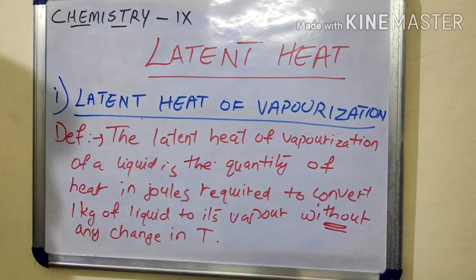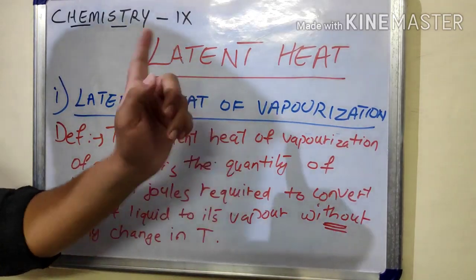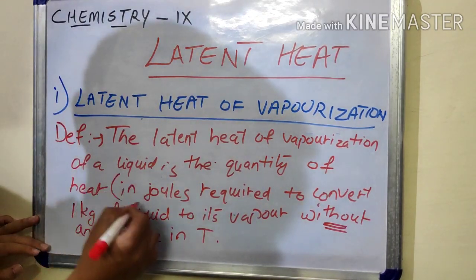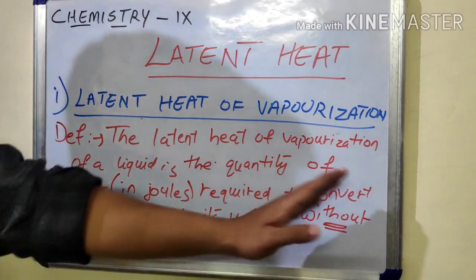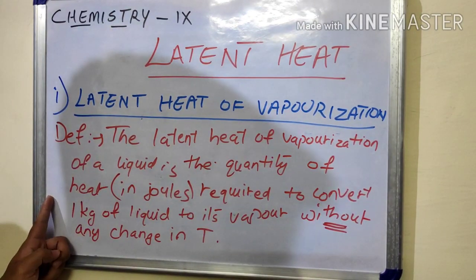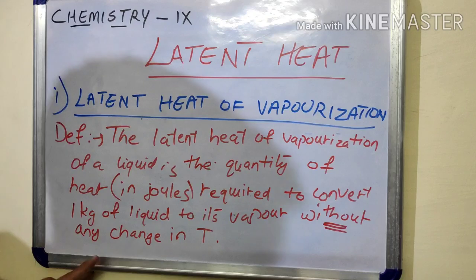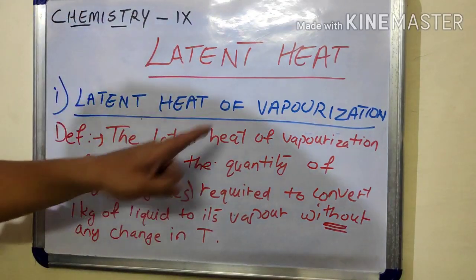Write down this definition: the latent heat of vaporization of a liquid is the quantity of heat (in joules) required to convert 1 kilogram of the liquid to its vapor state without any change in temperature. This is how we measure the latent heat.